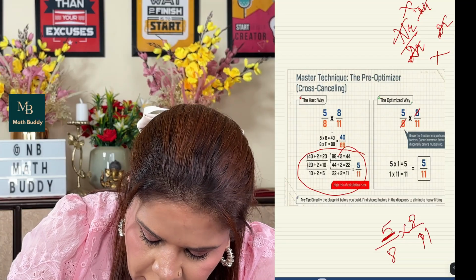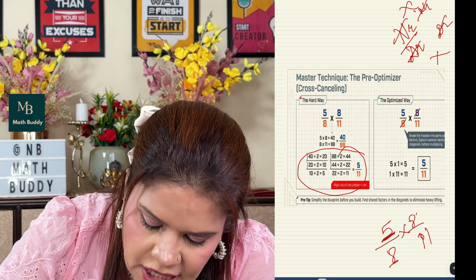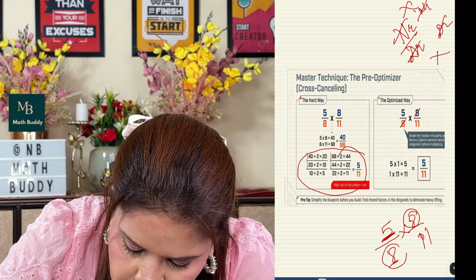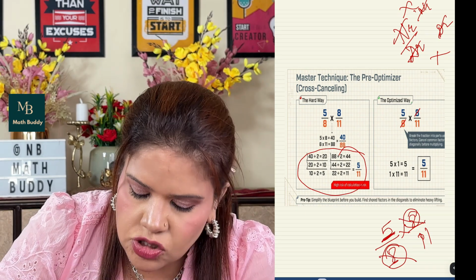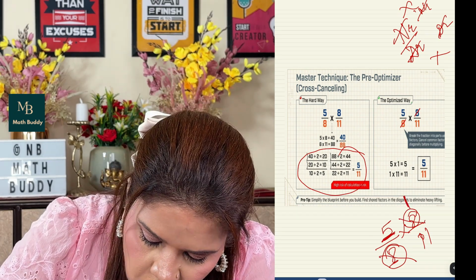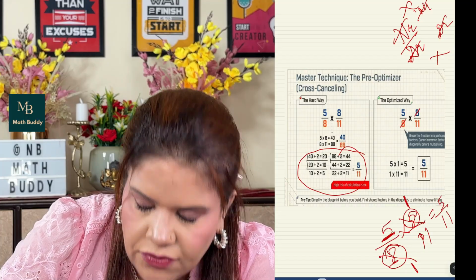See here, numerator and denominator don't have anything common, but when I am multiplying, this numerator is showing me that something common is there in both, so I can cancel. Okay, so when I multiply, here I will get 1, here I will get 1. My answer will be 5 upon 11.